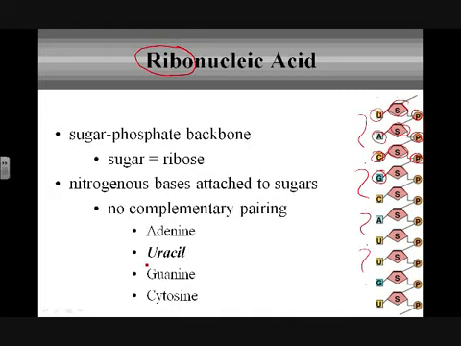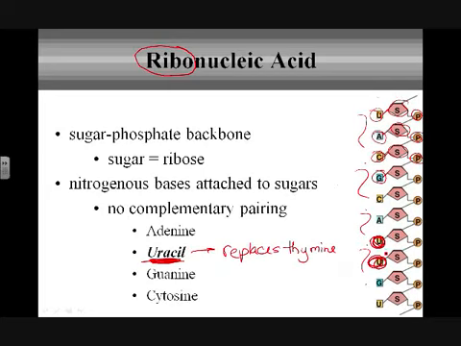And you should also recognize that there's a new base in place, and that's uracil. Uracil replaces thymine in RNA. So you've got U's wherever a T would have been. That's one of the big distinguishing features between RNA and DNA.